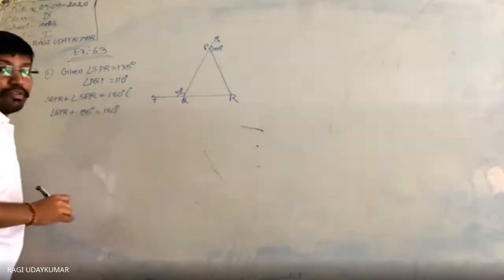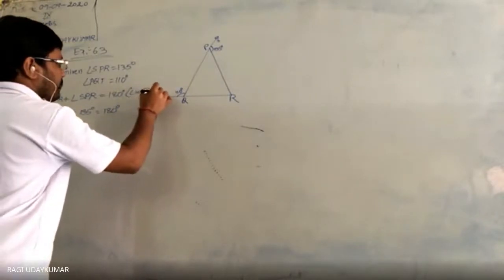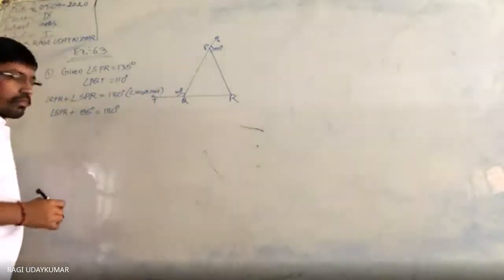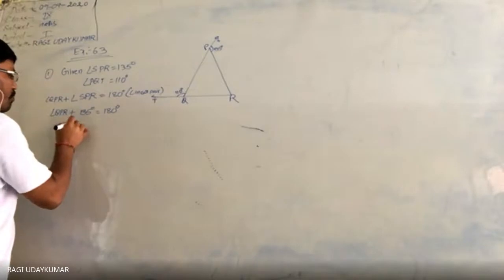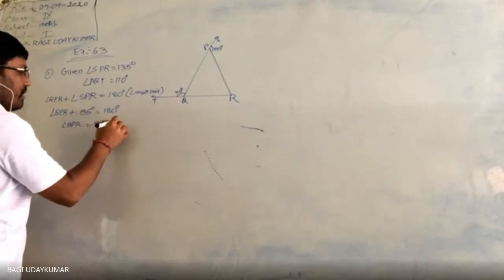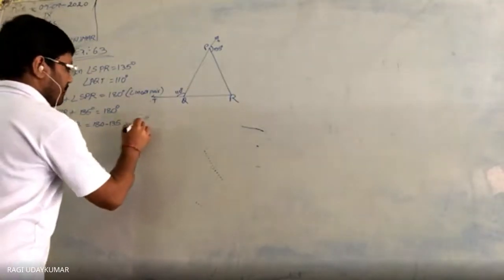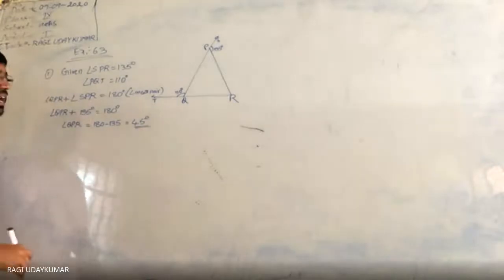Here you have to write the reason: they are a linear pair. So angle QPR is equal to 180 minus 135. What do you get here? 45 degrees.